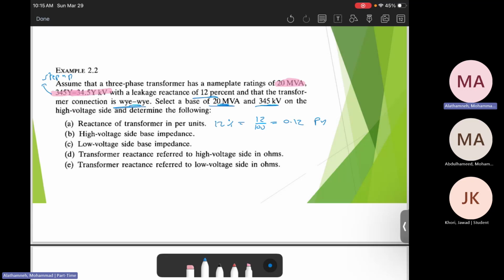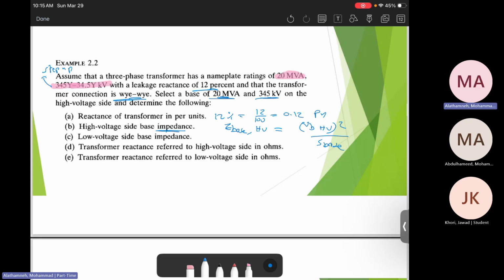The other part, the high voltage side impedance. To find it, for the base, Z base for the high voltage side will be the voltage base on the high voltage side squared divided by the S base. So the high voltage base is 345 kilovolts squared divided by S base, which is 20 megavolt amperes.